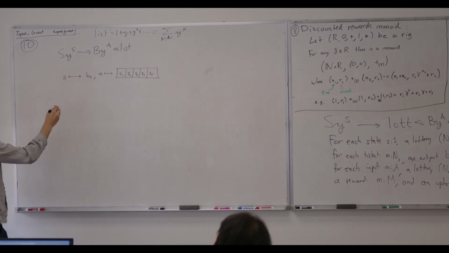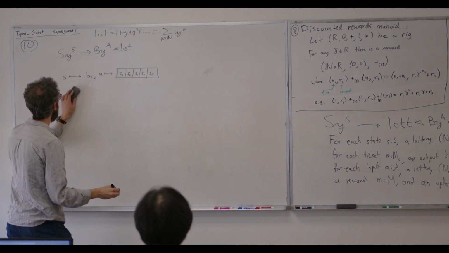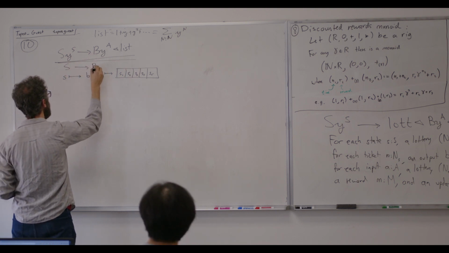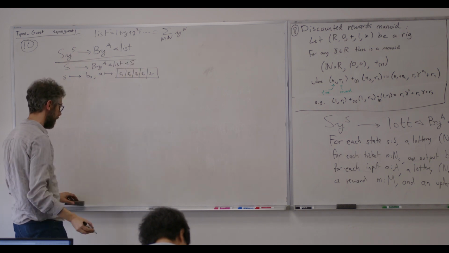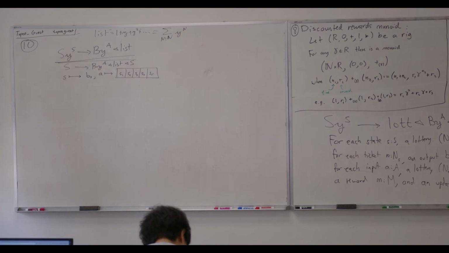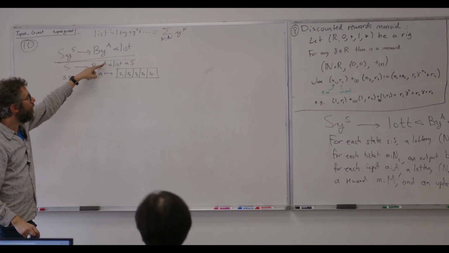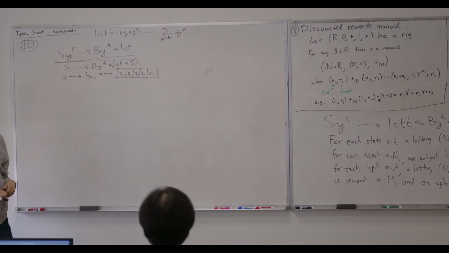Here's a fact. Sy to the s, you already know this, is the same thing as s mapping to b, y to the a composed with list, composed with s, a coalgebra. So given a state, I get a b, and for every a, a list of s's.